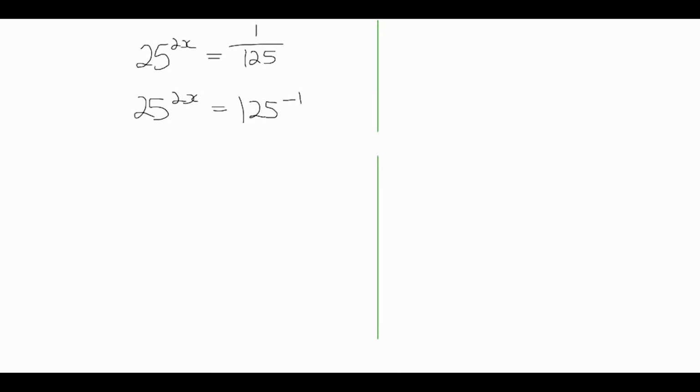How are we doing this now? Because I can't express 25 in terms of base 125, because 125 is not like 25 squared or 25 cubed or anything. So that's it. We need to bring both 25 and 125 to a common base.